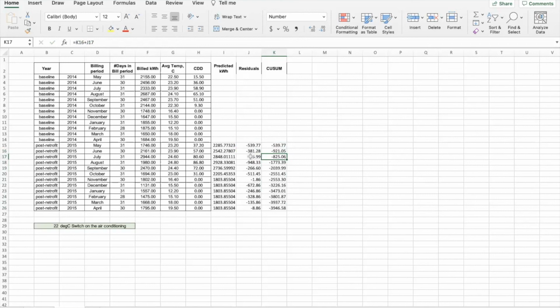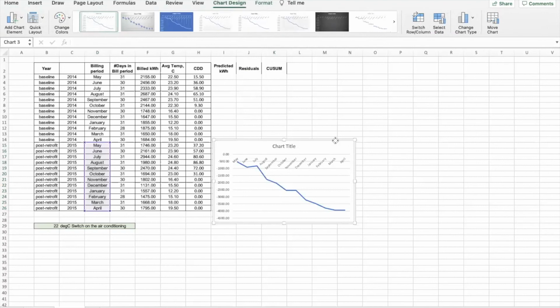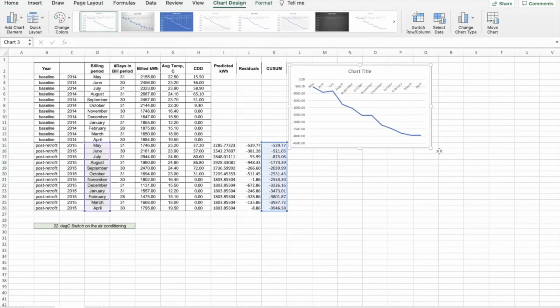The higher this negative value, that means we are saving a higher amount of energy consumption. So normally we will plot this curve by the Q sum and the month. Yeah, we can obtain this value.